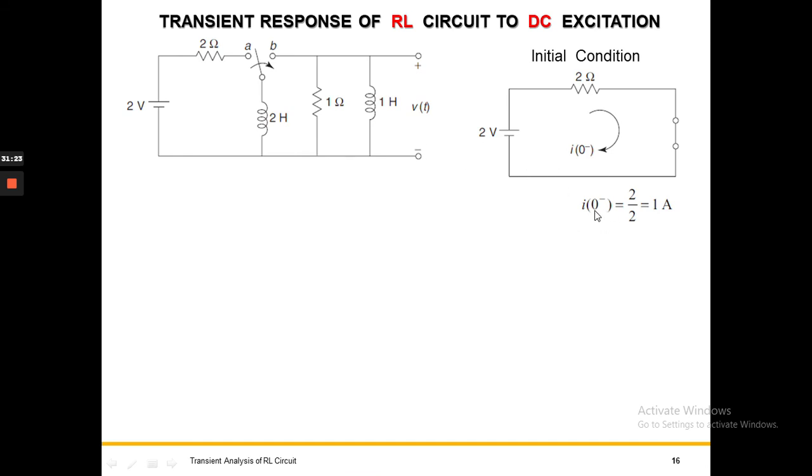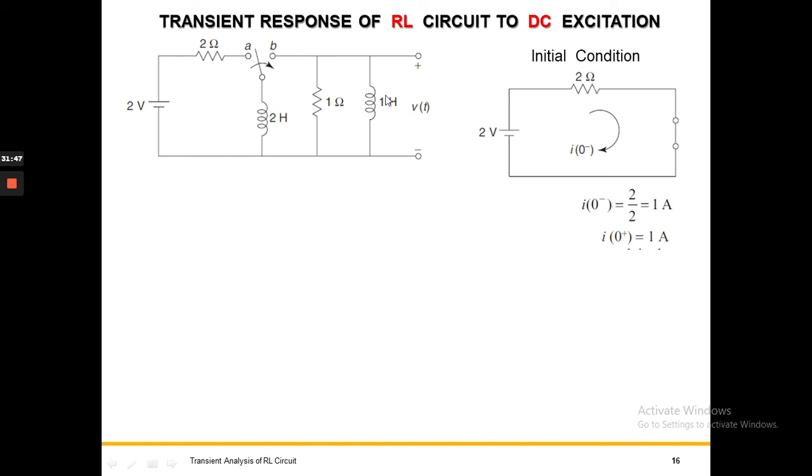Okay, just before changing the switch from A to B. Okay, since the inductor will always oppose any sudden change, this current remains the same even after the switch is changed from A to B, just after closing the switch. Okay, so this is the initial current through this inductor.